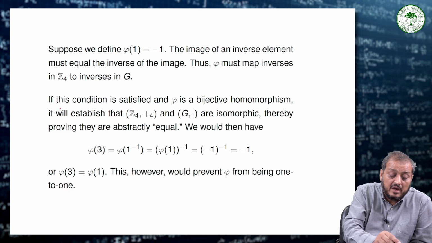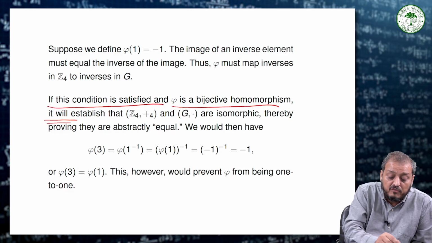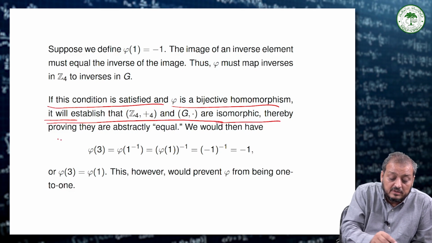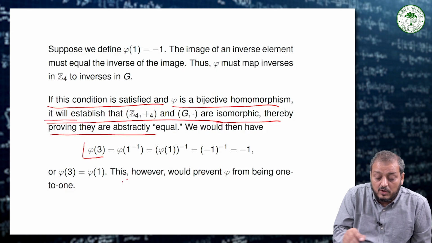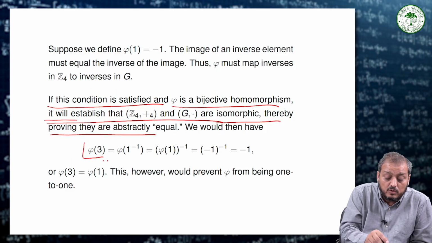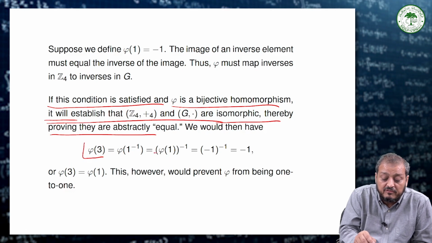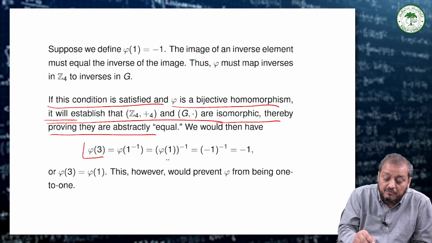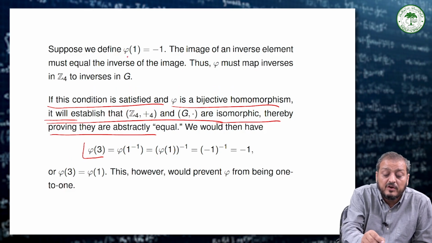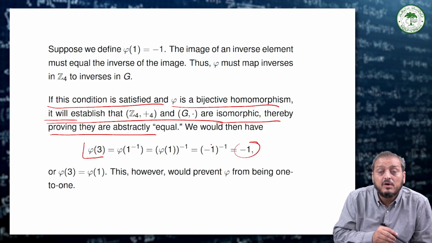So in this condition we need phi to be bijective, that is, to establish that it is an isomorphism. Phi of 3 must be equal to -1. Taking phi of 1 inverse, the inverse of phi of 1 is the inverse of -1, which is equal to itself.